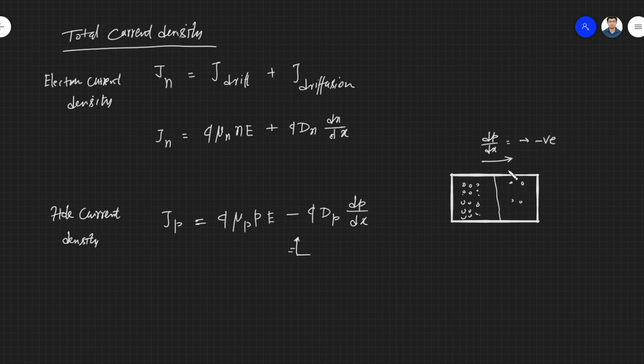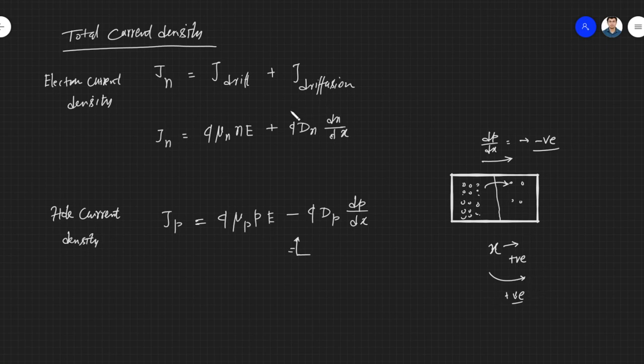It is decreasing in this direction, and the holes will flow in this direction only. Let's say this is our positive x-axis. So you can see the hole concentration gradient is negative, but the current in this direction will be positive, because the direction the holes go, the current also goes in the same direction. So you can see there is a contradiction: in the positive x direction the gradient is negative, but the current is positive.